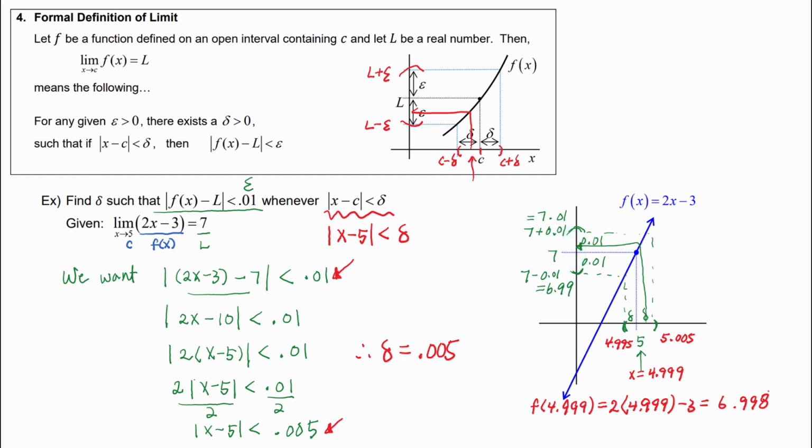Sure it is. You can actually pick any value you want from 4.995 to 5.005, and that f of x would be inside 6.99 to 7.01. Therefore, we know the limit as x approaches 5 of 2x minus 3 equals 7 by the formal definition of limit.